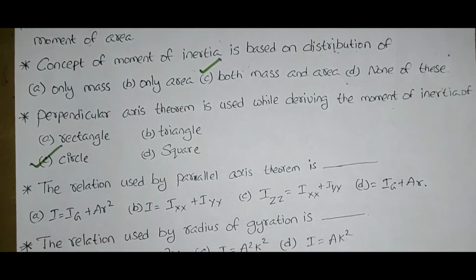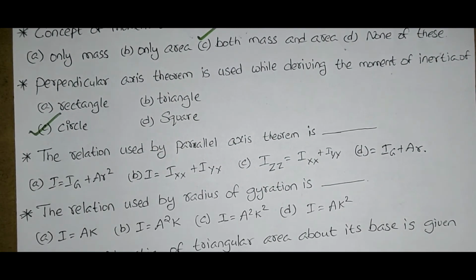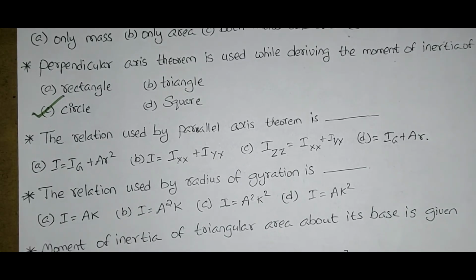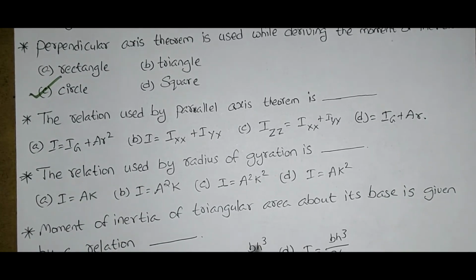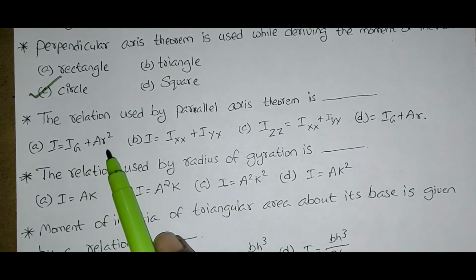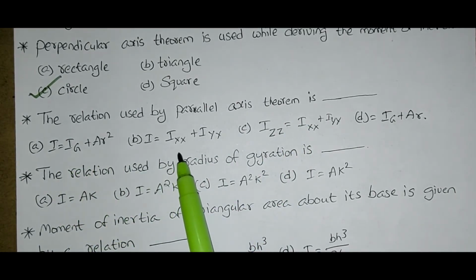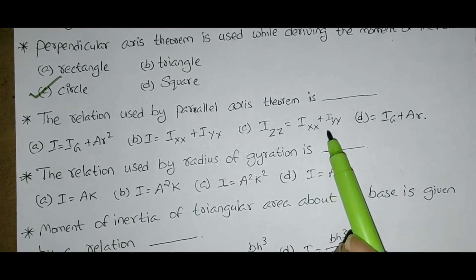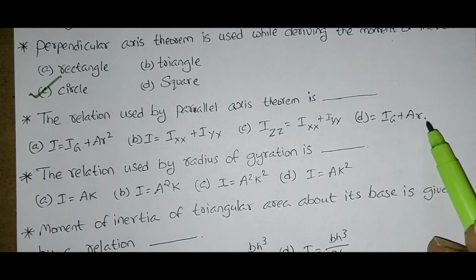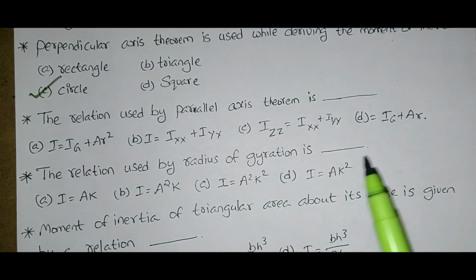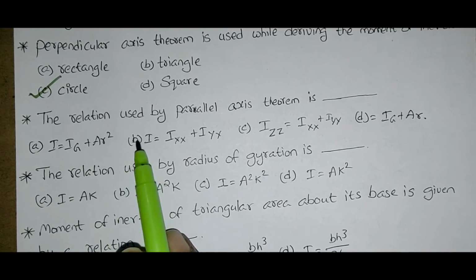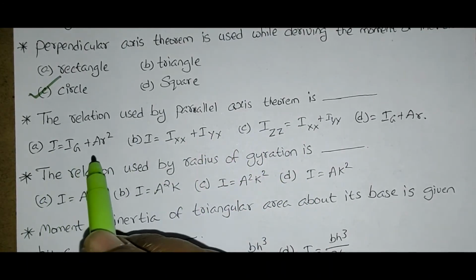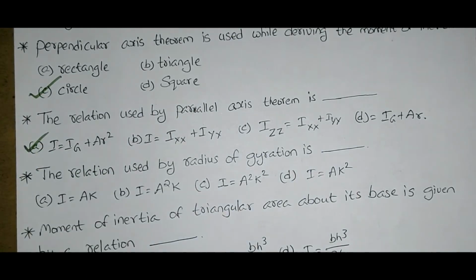Next, the relation used by parallel axis theorem. The options are I is equal to Ig plus AR square; I is equal to Ixx plus Iyy; Izz is equal to Ixx plus Iyy; Ig plus AR. So here the correct option is the first one, I is equal to Ig plus AR square.